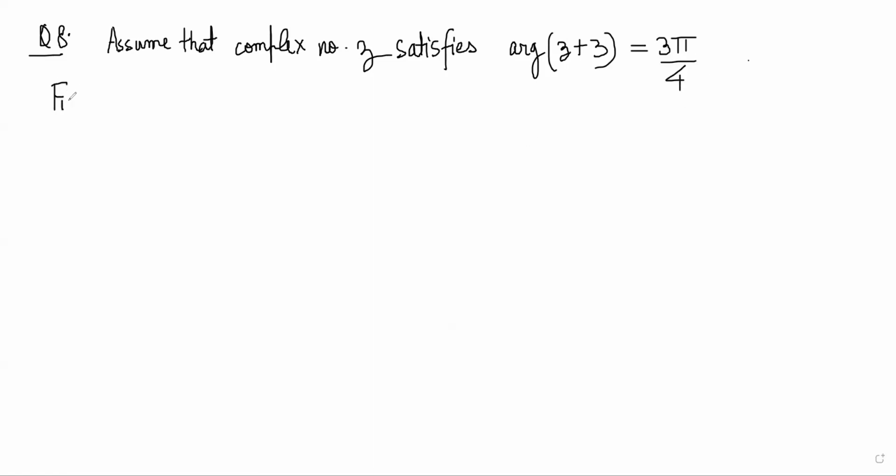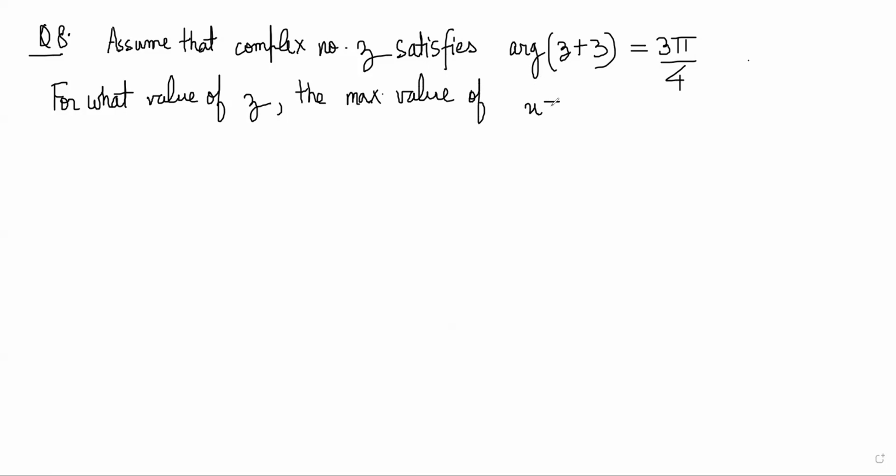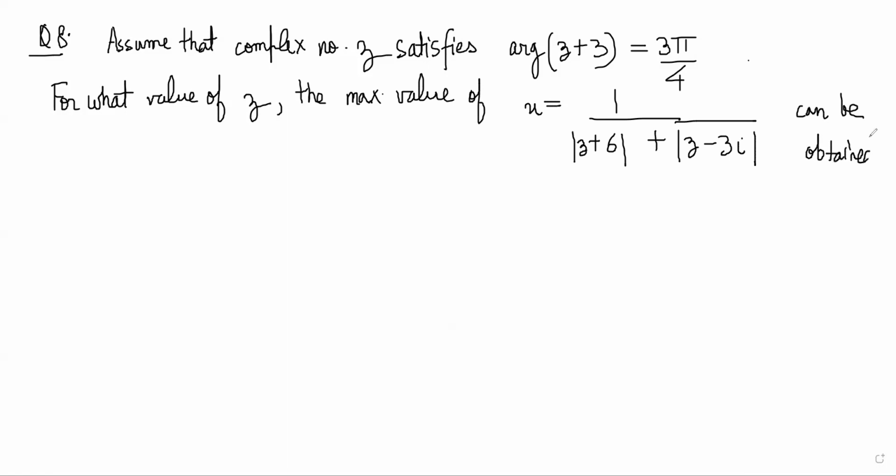We are being asked for what value of z the maximum value of u is equal to 1 by mod of z plus 6 plus mod of z minus 3i can be obtained. It's a nice geometrical problem. So try and understand what we are going to do here.